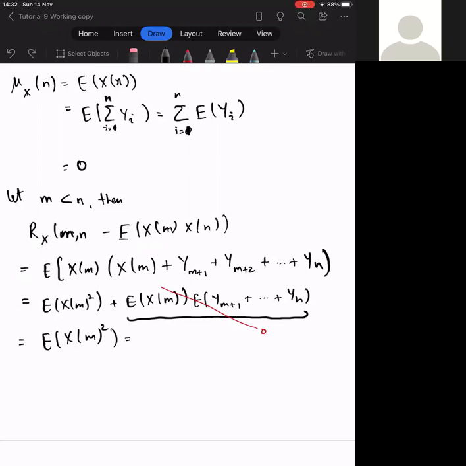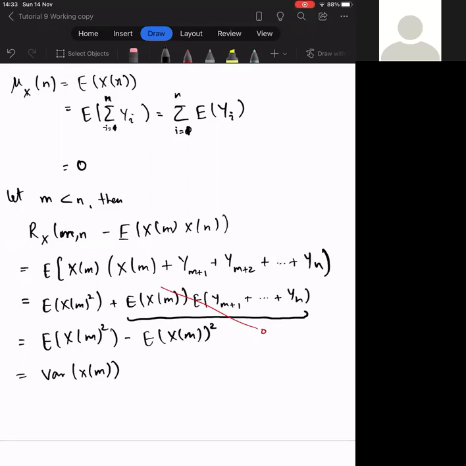And now note that since expectation of x of m is 0, सॉरी, हम यहाँ ये लिख सकते हैं ना, whole squared. This is 0, तो हम ये लिख सकते हैं, there is no problem with that. तो ये फिर क्या बनता है? This is the variance of x of m, and the variance of x of m is the variance of their individual yi's summed up.